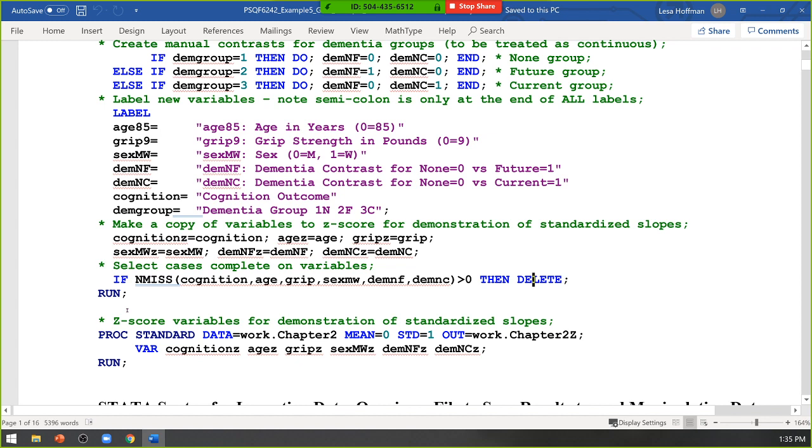Is it good to dump cases that have missing data? No. Is it necessary? Yes. If you want to take advanced quantitative methods classes, you'll learn about ways of better addressing missing data. It turns out that you can use cases that have incomplete data to some extent if you're willing to make some assumptions about why the data are missing. So that's all I'll say.